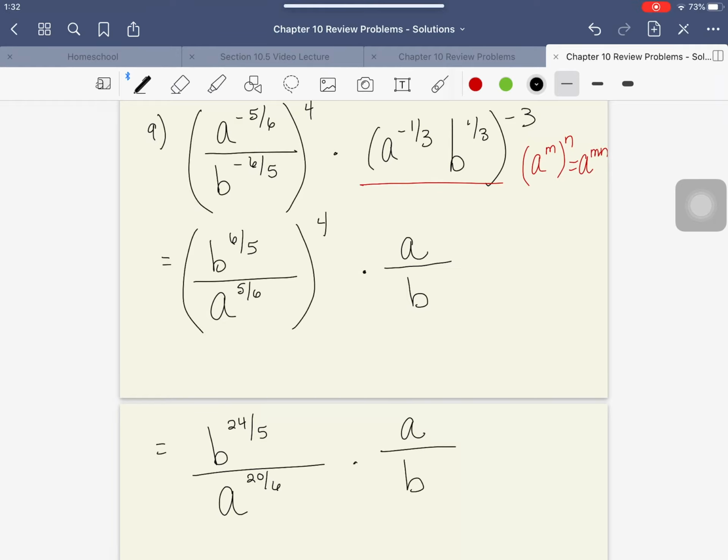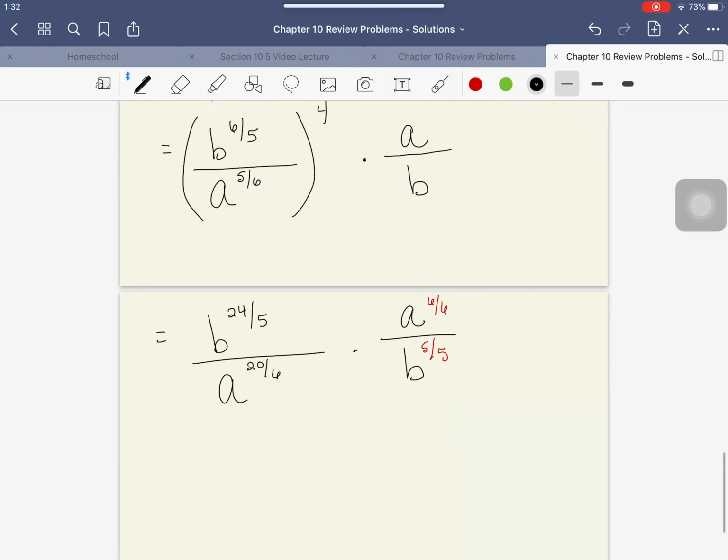Now if I want to get a common denominator for the a's and a common denominator for the b's, the LCD for a is going to be 6. So I can multiply a times 6/6. So a to the 6/6, and this will be b to the 5/5. And then we're going to use the quotient rule, so we will subtract.